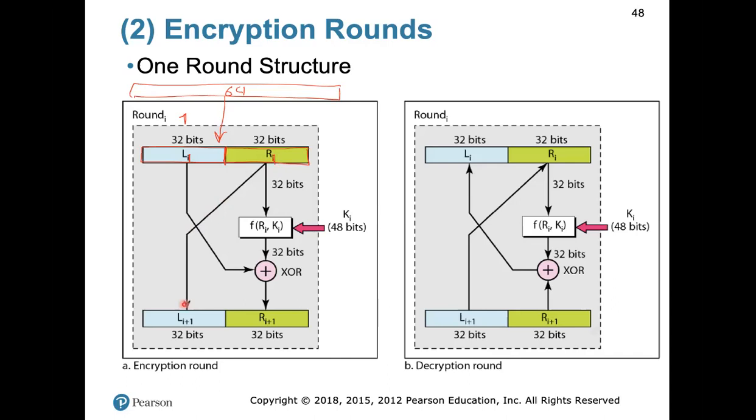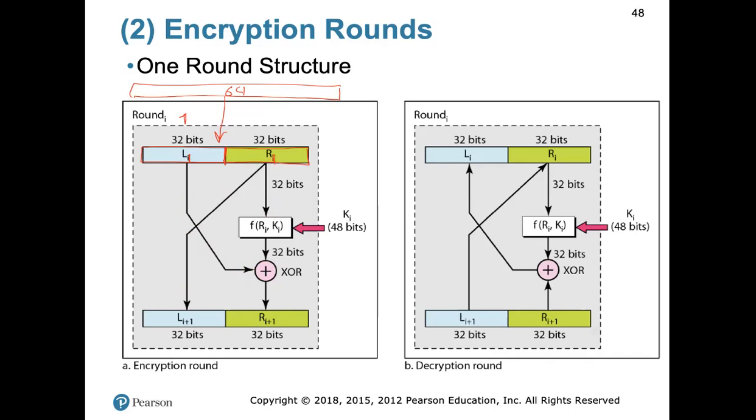It means that the right side 32 bits of data doesn't experience any change or any processing, any type of encryption. It just is applied to the next round. But the left side, it comes here and it's being XORed with something that comes from the right side.